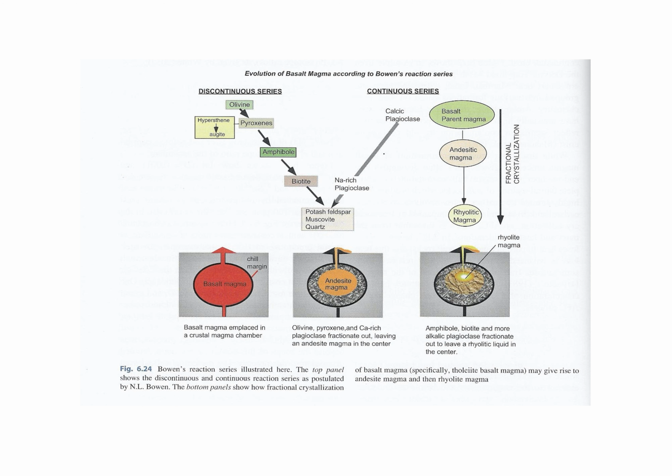In the discontinuous series, we start to crystallize olivine, then pyroxene, then amphibole, then biotite, and at the end potassium feldspar, muscovite and quartz. When we look at the pyroxenes, we go from hypersthene to augite. In the continuous series, we go from calcium-rich plagioclase to sodium-rich plagioclase, ending up with potassium-rich feldspar, muscovite, and quartz as well.